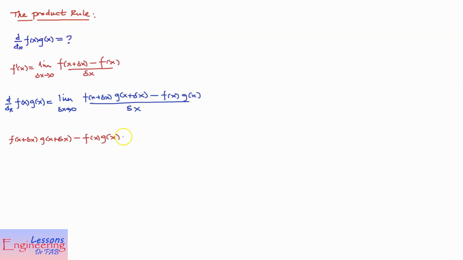Okay, so if I take that expression, let us now add the following expression, f of x plus sigma x times g of x plus sigma x, and then minus, again minus, f of x plus sigma x times g of x plus sigma x.